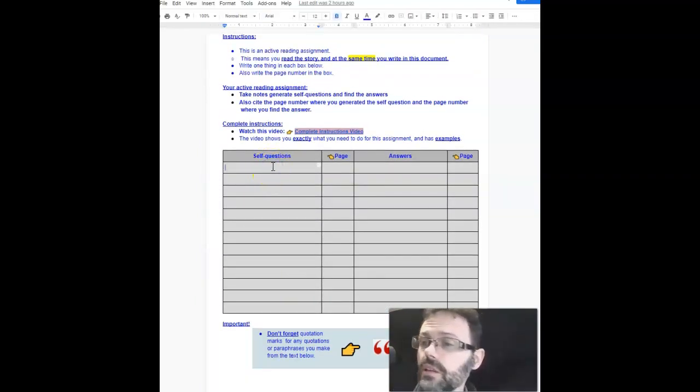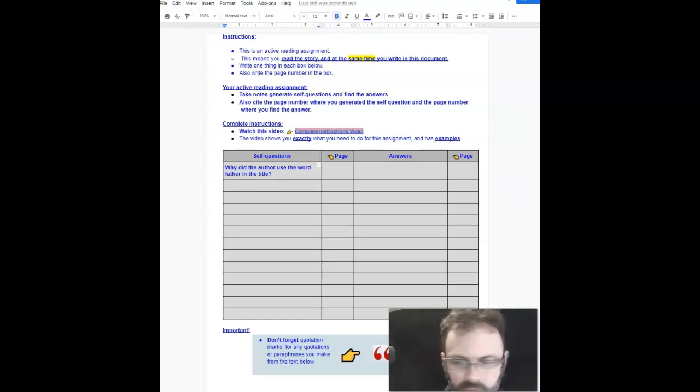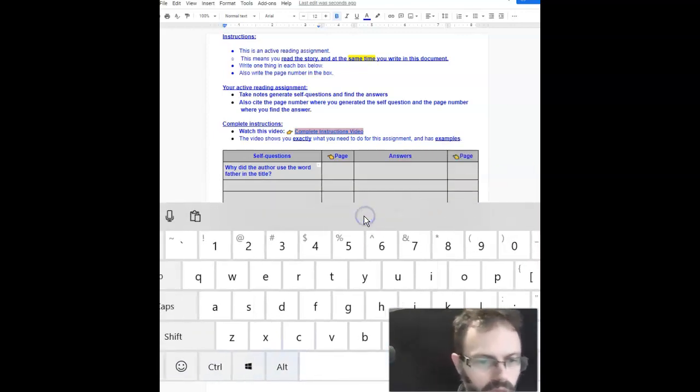Just ask a question like this one. Why did the author use the word father in the title? Question mark. And then I better put in some quotation marks because father is the word that the author used, not me. So let's put father in quotation marks.